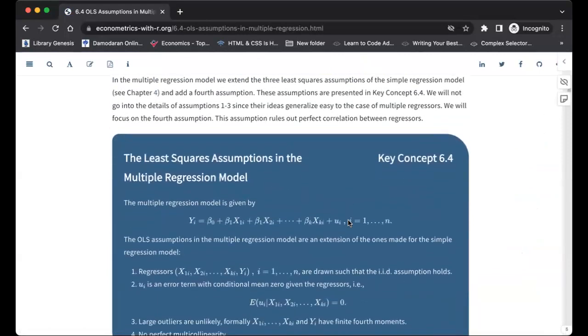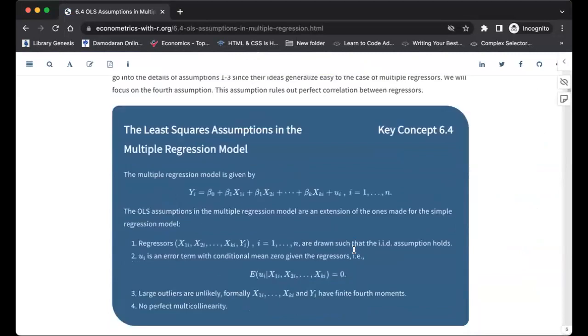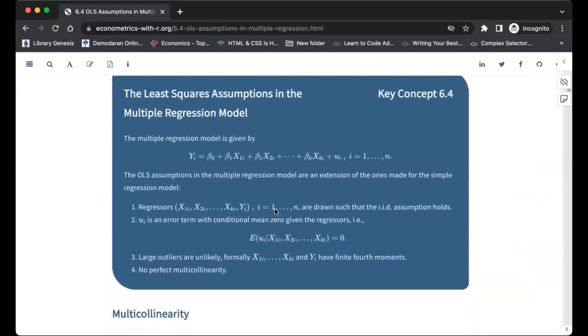So now we look at the assumptions, like we mentioned. We have seen the first three assumptions in chapter 4. Now we are adding the fourth assumption, which is no perfect multicollinearity.